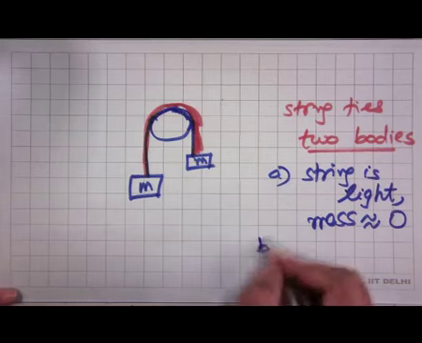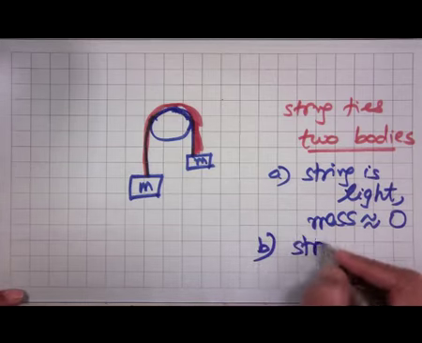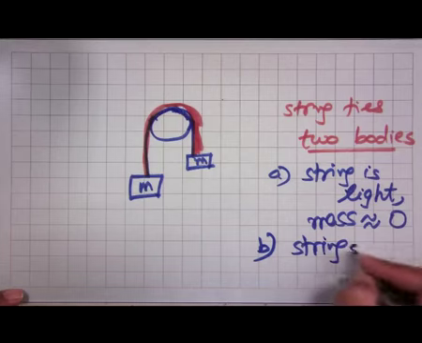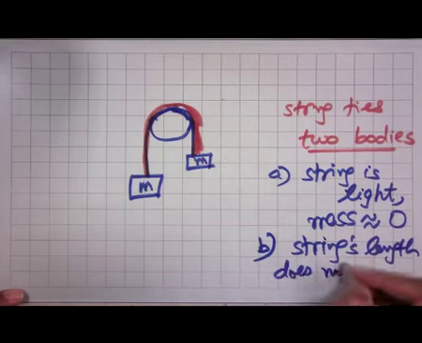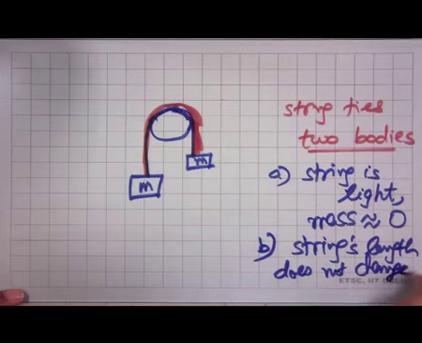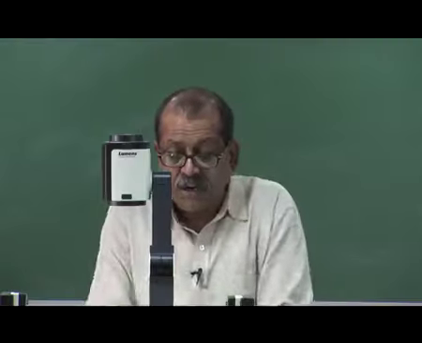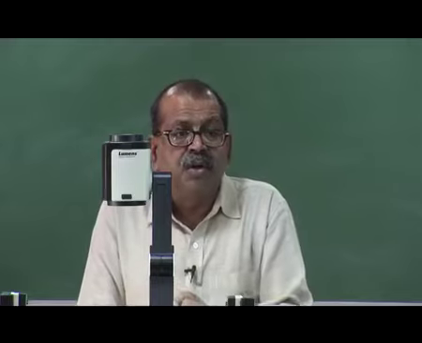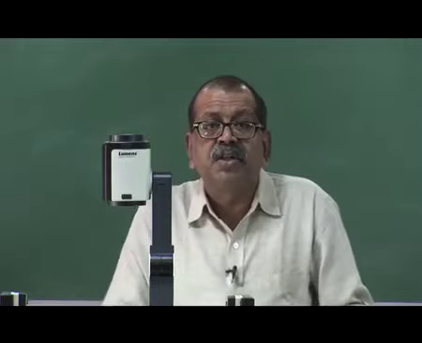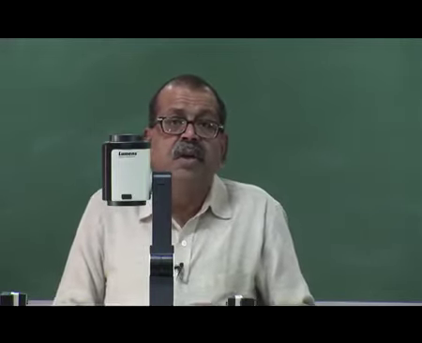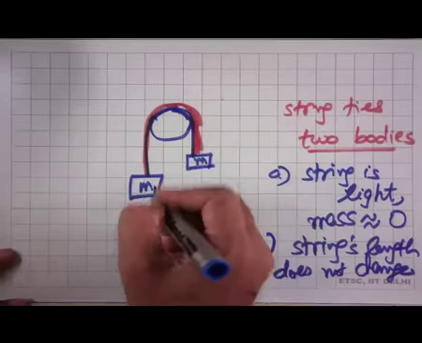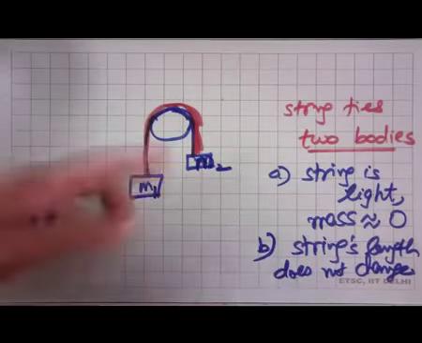And secondly, the string length does not change. So, the length of the string stays constant when we apply force on the string, or as a reaction the string will apply force on the body. Now, here let me call this M1, let me call this M2, so that there is no confusion.